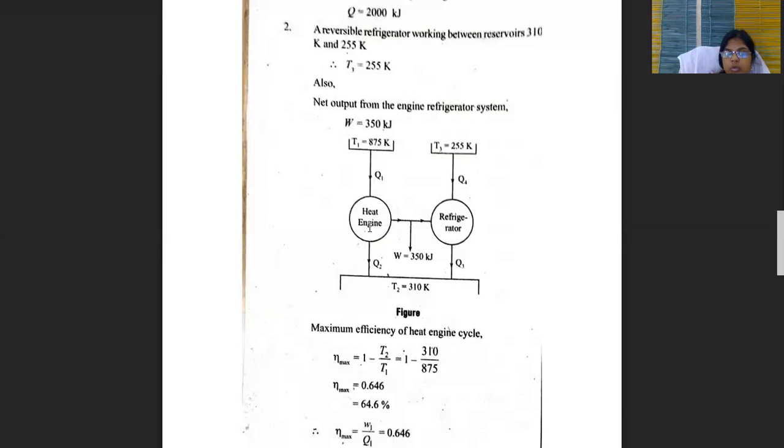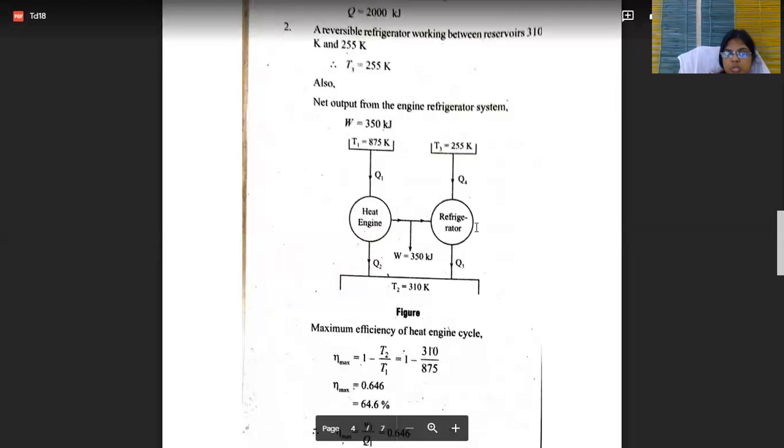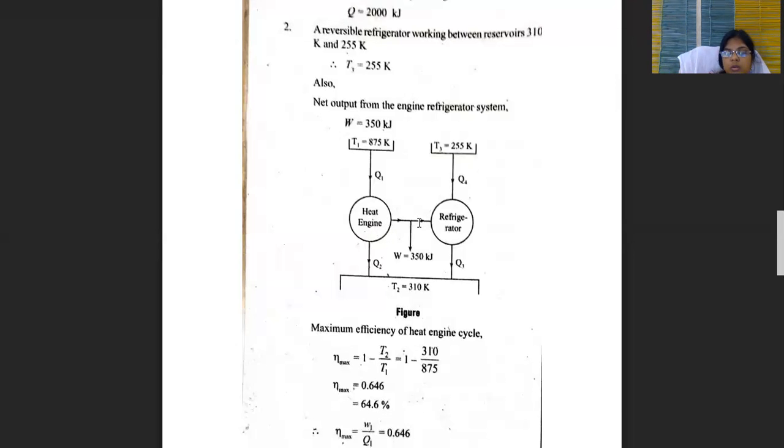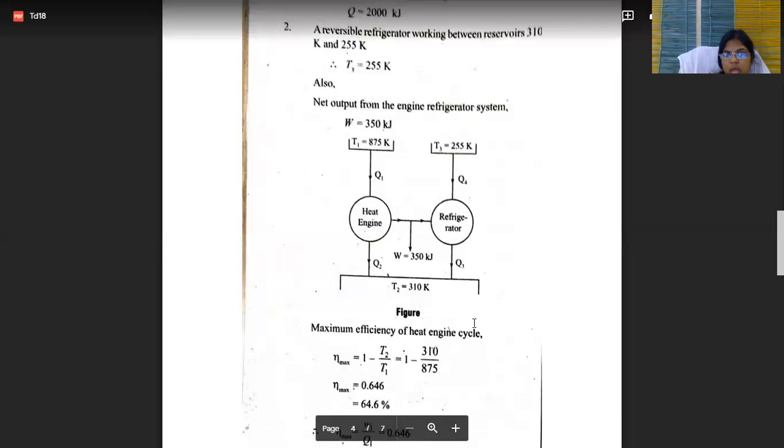Work done on the system is negative, because you are giving energy to the system, that is the refrigerator. And this work done is given to the refrigerator, and it runs, and heat transfer takes place from lower temperature to higher temperature. This is the overall diagram of heat engine and refrigerator.